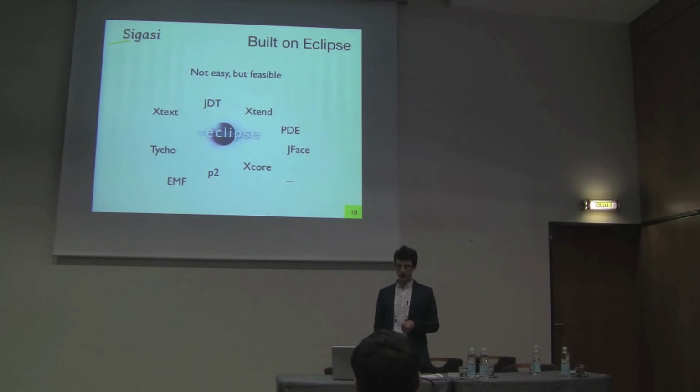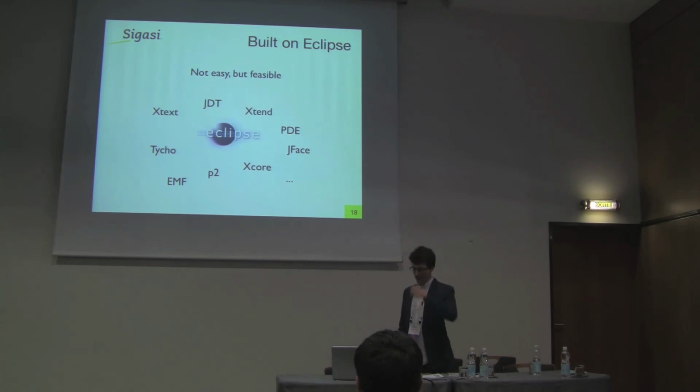We also use Xcore a lot to maintain the AST. We also started using Xtend a lot, mainly for testing, but it's kind of contagious, so we start to use it everywhere now.